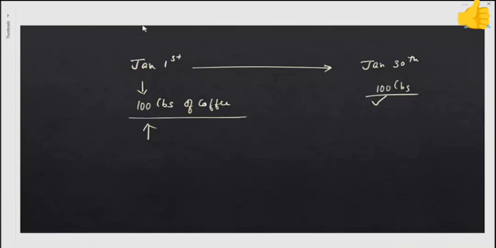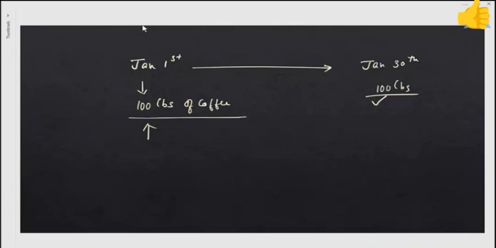A reservation is created because you want to tell the person who is planning that particular material to either procure it or produce it. It's his problem, his headache. You don't care. All you're saying is, I need 100 pounds of coffee by this date.